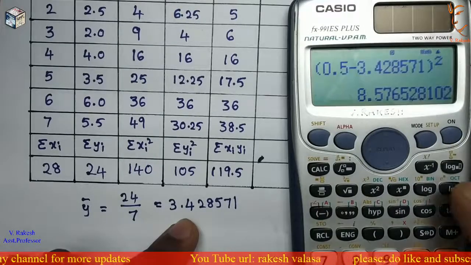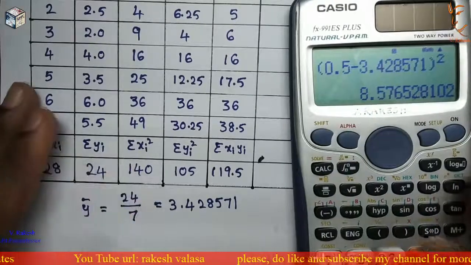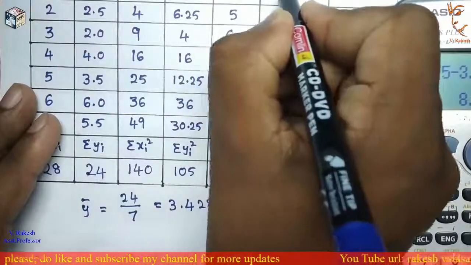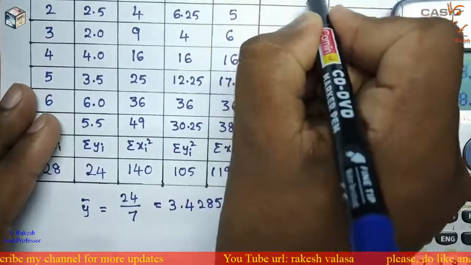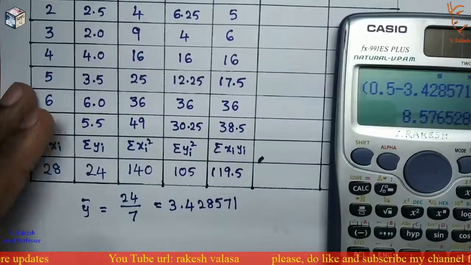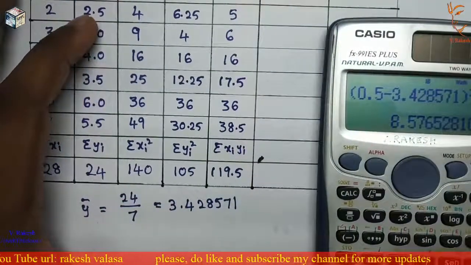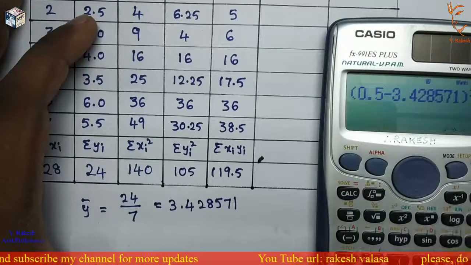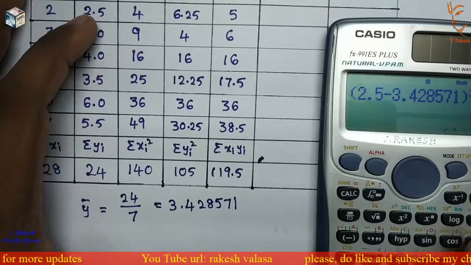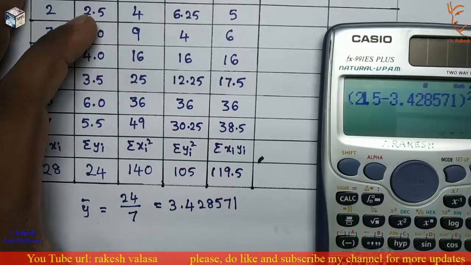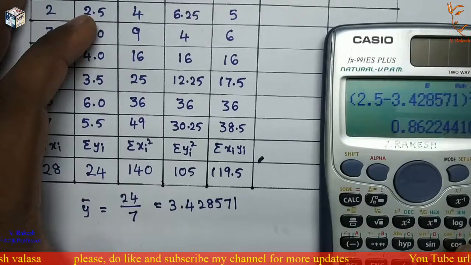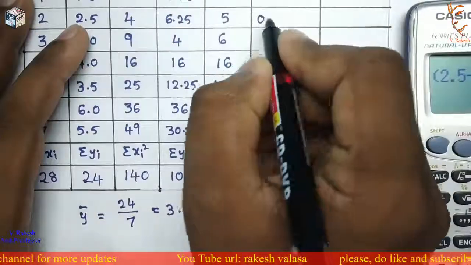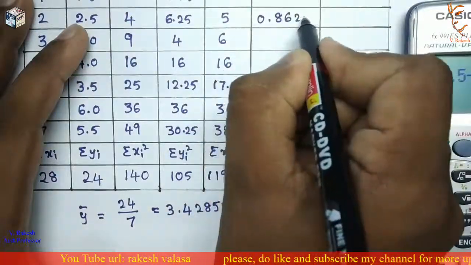See the answer, 8.5765. Similar to second one, 2.5 minus y bar whole square. The answer is 0.8622.